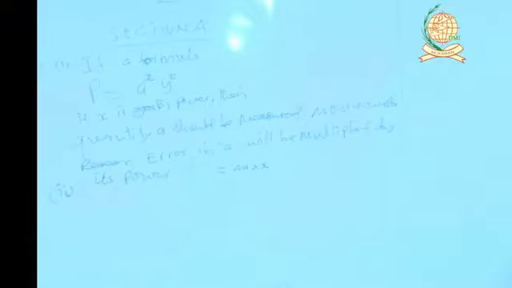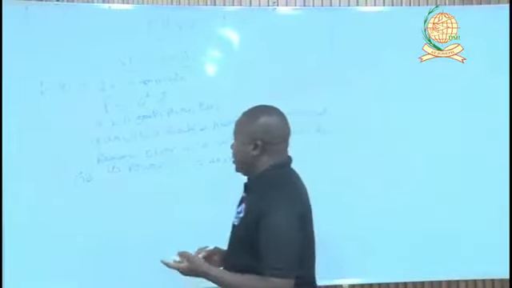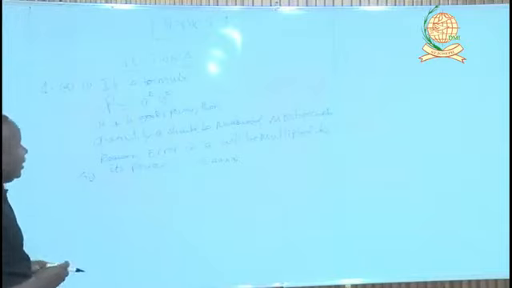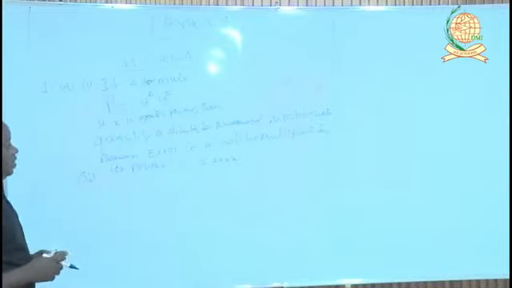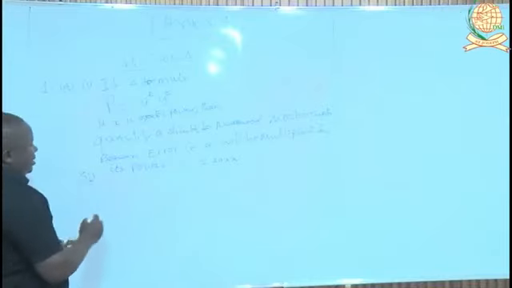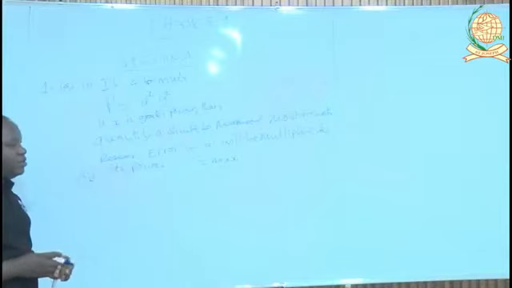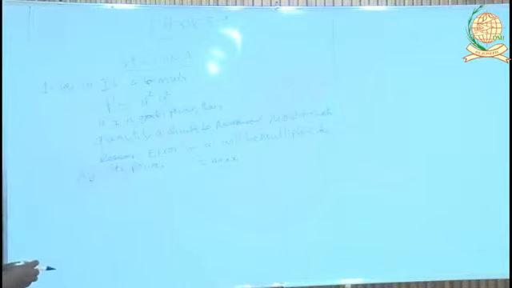Of course, we don't need to write this, just explain. Least count is the smallest possible value that an instrument can measure accurately. But error is a deviation from the true value, or just the difference between the true value and the measured value.